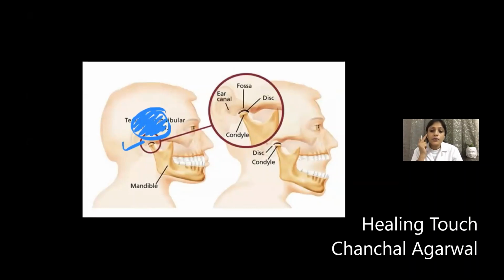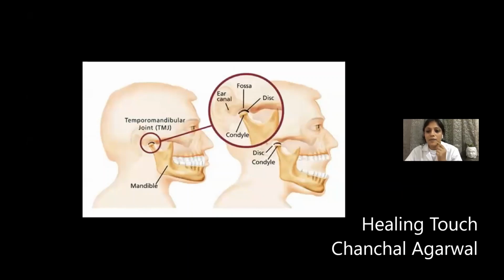And the upper bone, upper jaw is called, what is the name of the upper jaw? Just because I'm teaching the temporomandibular joint, you will not mention the upper jaw as mandible. Yes, maxilla. Okay. So name of the upper bone is maxilla and name of the lower bone is mandible.